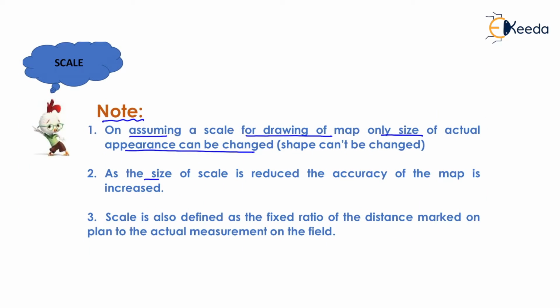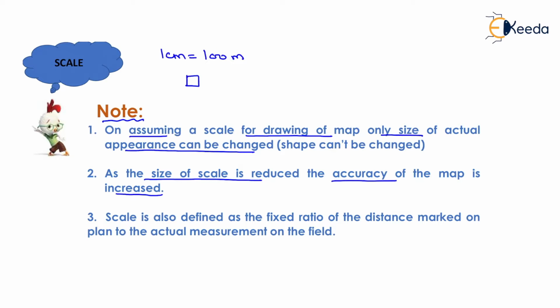Now as the size of scale is reduced, the accuracy of the map is increased. Suppose that if we will use a scale of 1 centimeter equals to 100 meter, then the drawing is very small, so we will not get enough information from this drawing.